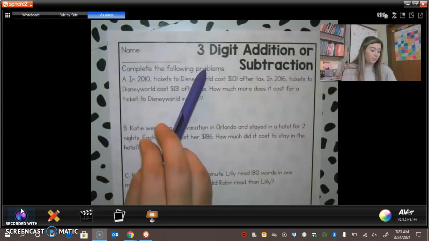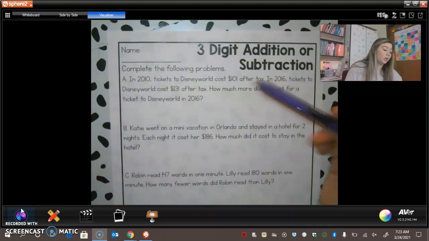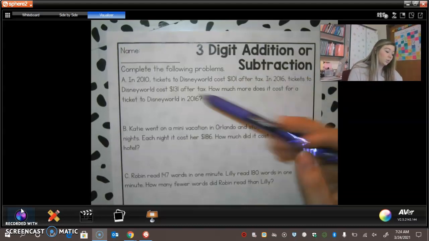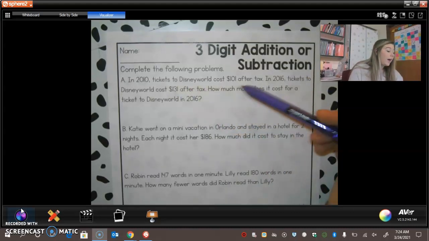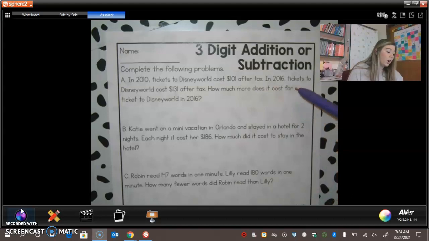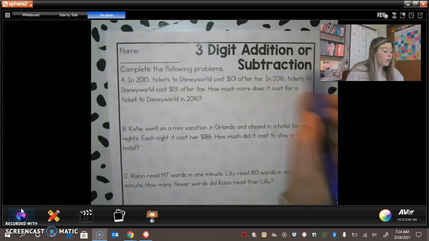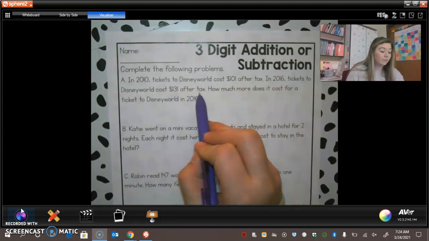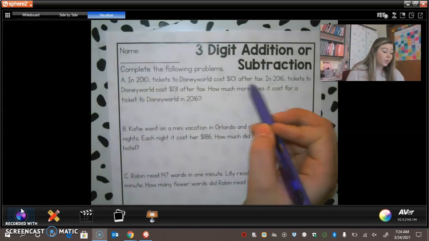Complete the following problems. A. In 2010, tickets to Disney World cost $101 after tax. In 2016, tickets to Disney World cost $131 after tax. How much more does it cost for a ticket to Disney World in 2016? So we know that in 2016, the ticket cost $131 after tax, and in 2010, it was $101 after tax.